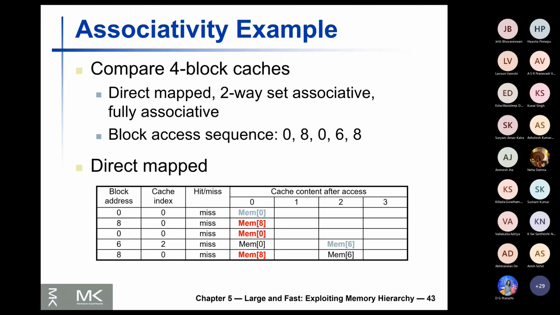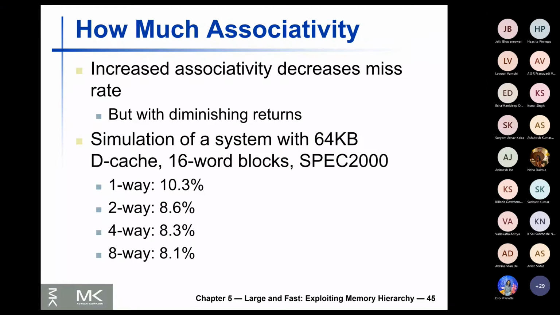Some experiments have been done to see whether we improve the performance if the number of entries in each set, that is the value of n in n-way set associative caches, increases.